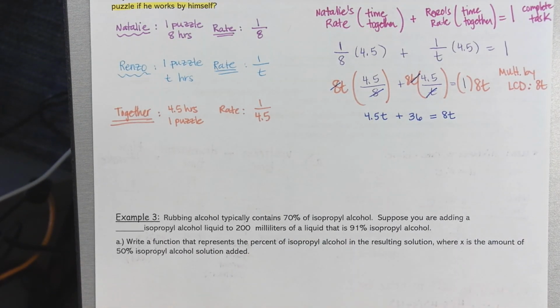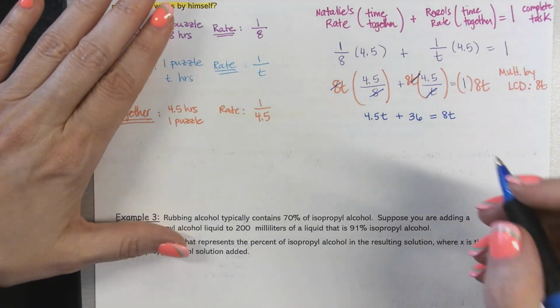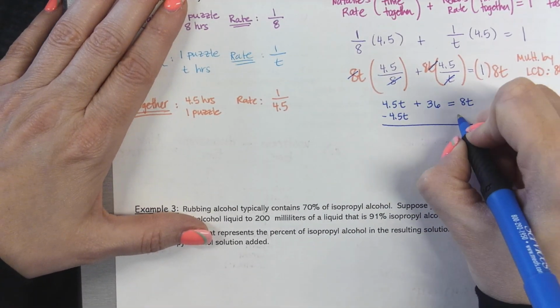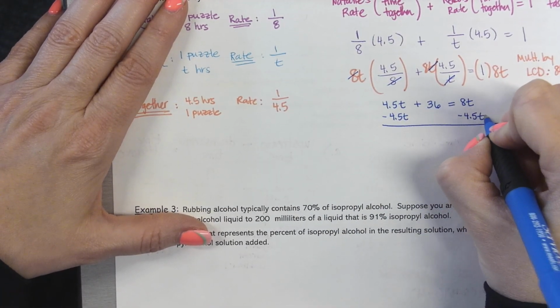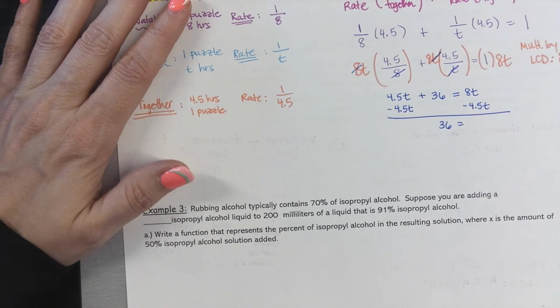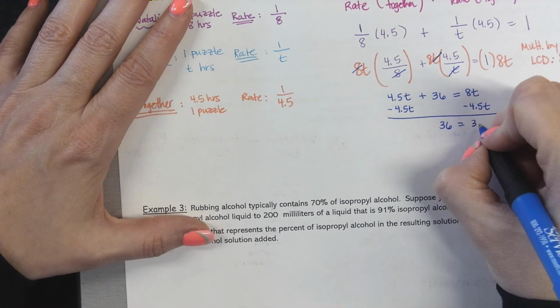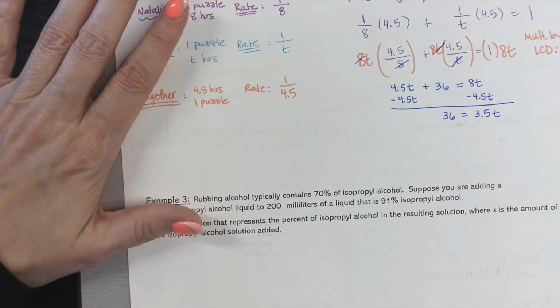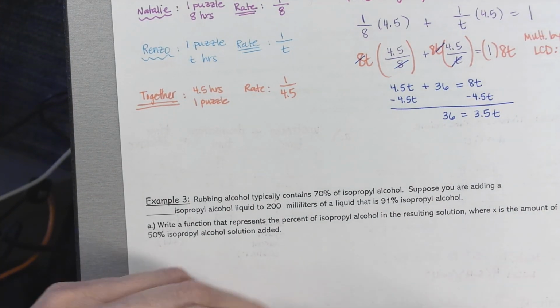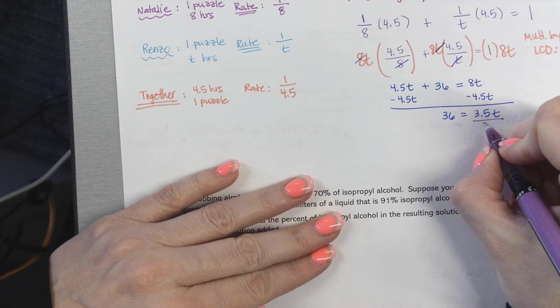Okay, and then we're going to get all the t's on one side. We are going to write our answer in a specific way. So you get 3.5t. Then we're going to divide each side by 3.5.